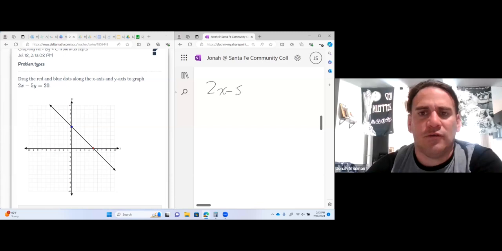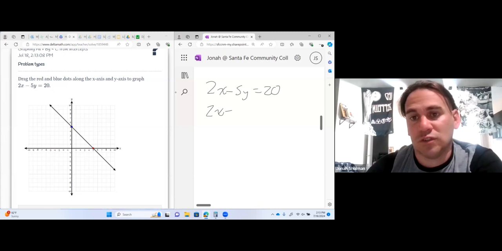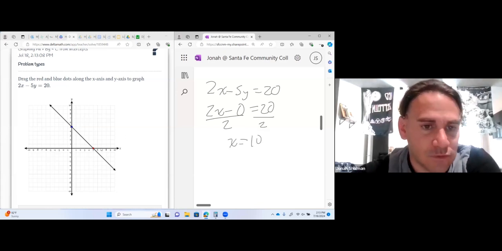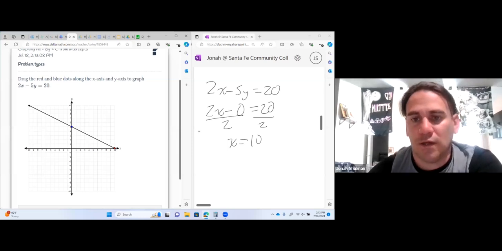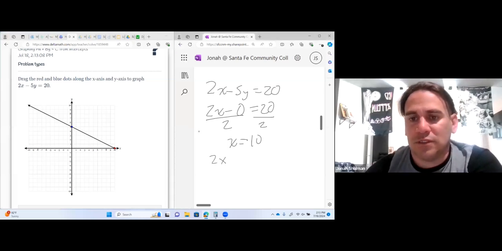2x minus 5y equals 20. If this is 0, it's 2x. Anything times 0 is 0, equals 20. We are basically just dividing this by 2. So our x-intercept is 10, 0. So this has to be a 10, 0. Now let's do the y. 2x minus 5y equals 20.